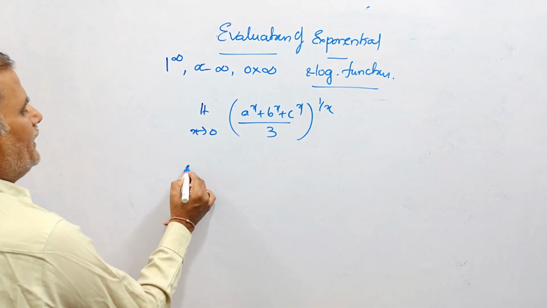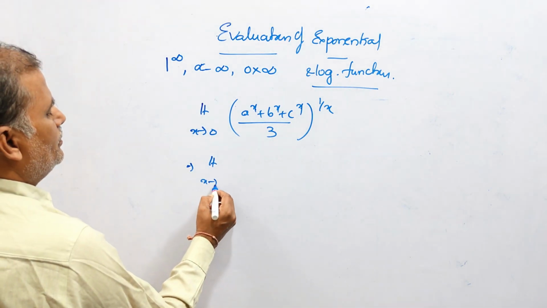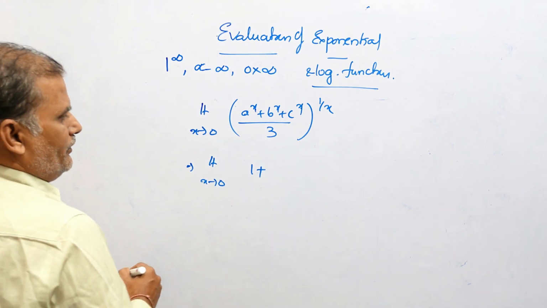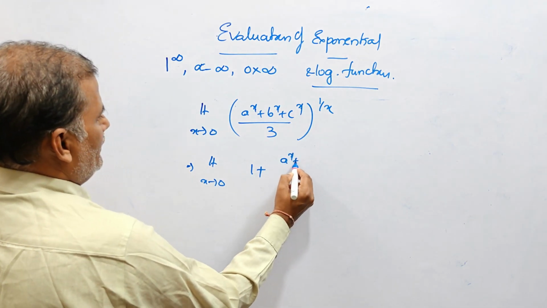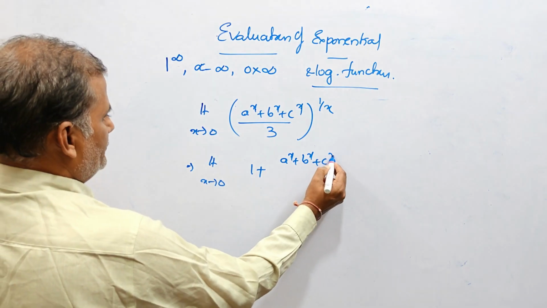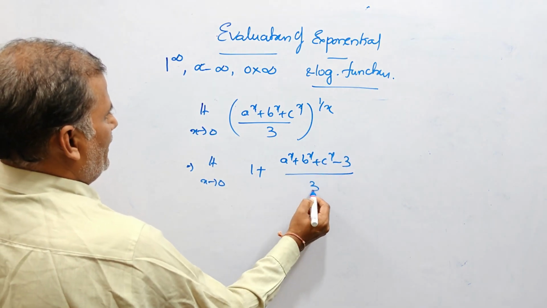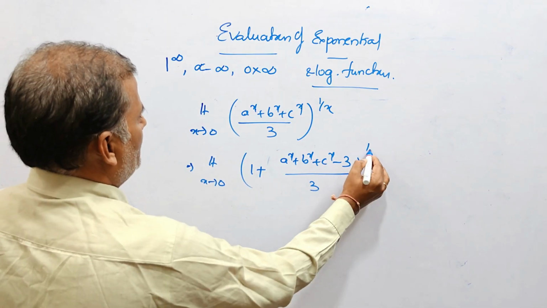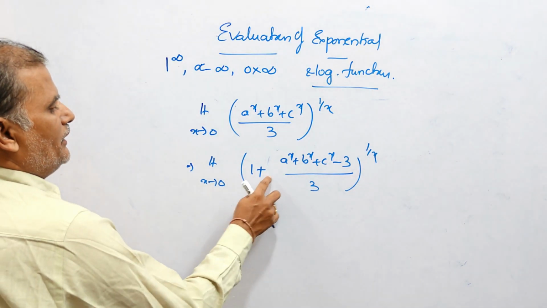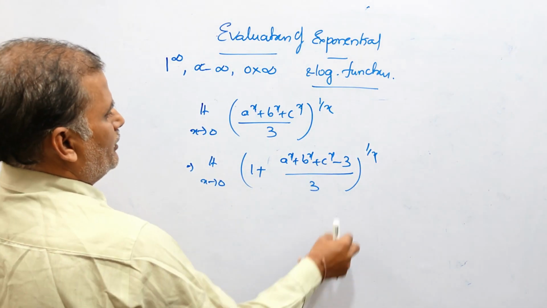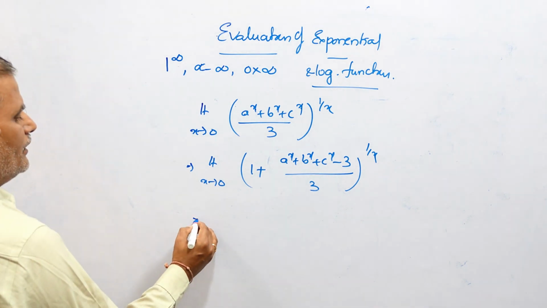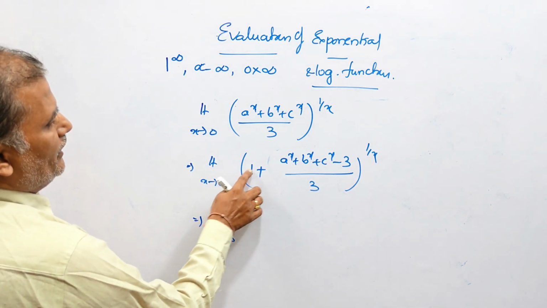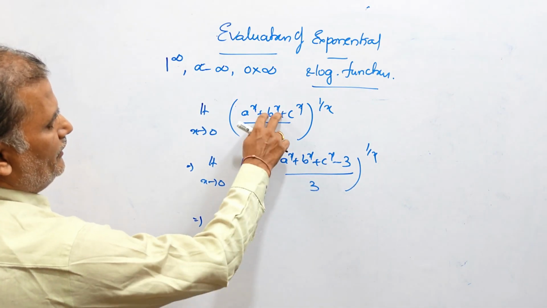Now I divide this into the form 1 plus f of x. Our notation is 1 plus f of x, whole power 1 by g of x. Now limit x tends to 0: 3 minus 3 is 0, again we get the same function.